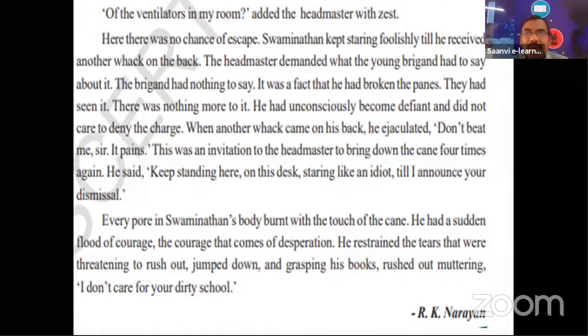It was a fact that the brigand had nothing to say. It was a fact that he had broken the panes. The peon and the headmaster had seen it. There was nothing more I can do.